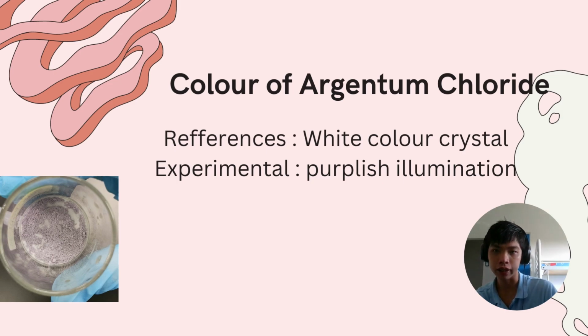It is an important step that we need to wait before the light shines, because it will absorb the UV light and reduce into the purplish color. The type of illumination of argentum chloride is classified as fluorescent, which absorbs the light and releases violet color radiation.